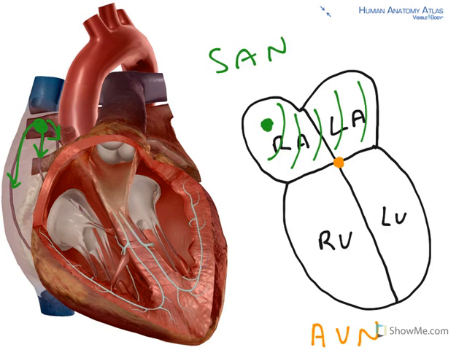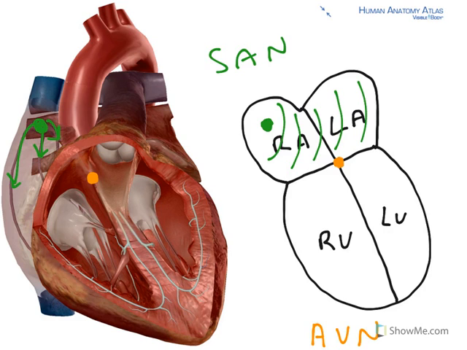So the atrioventricular node is the single point in the atrioventricular septum where the tissue actually allows electricity to pass from the atria to the ventricles. And on our image on the left, the AV node is approximately here.